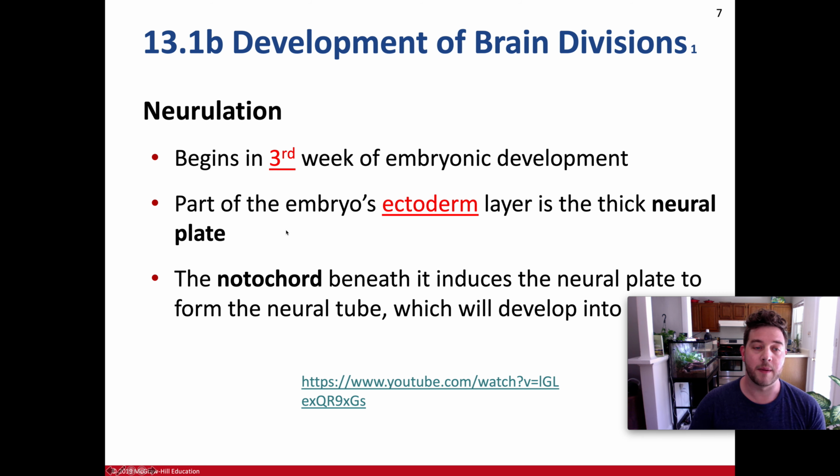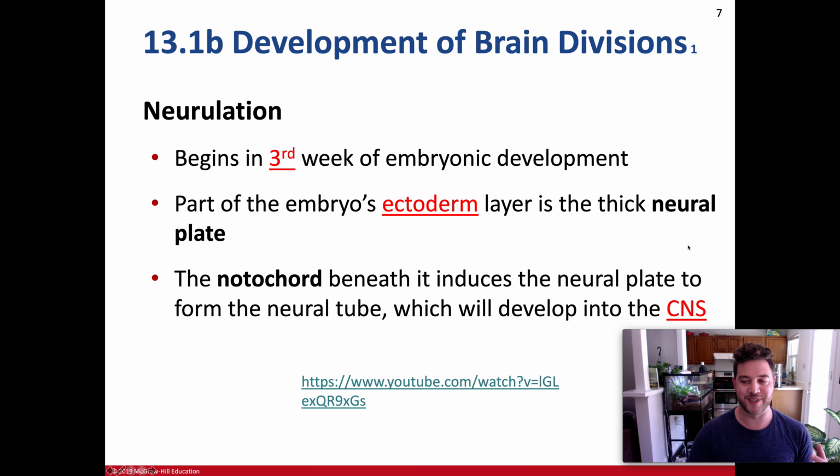What happens is that part of the embryo's ectoderm, that outer layer of development, is thickened into what's called a neural plate, and then beneath that is a structure called the notochord that basically triggers the neural plate to form the neural tube, which develops into the central nervous system.